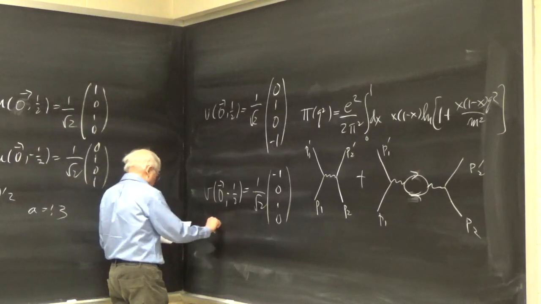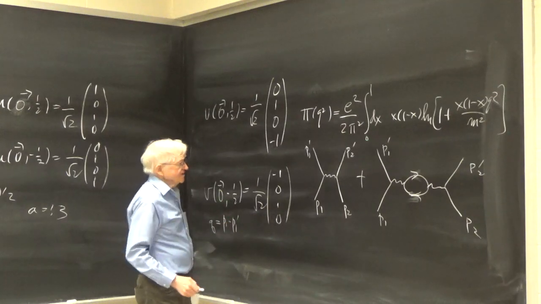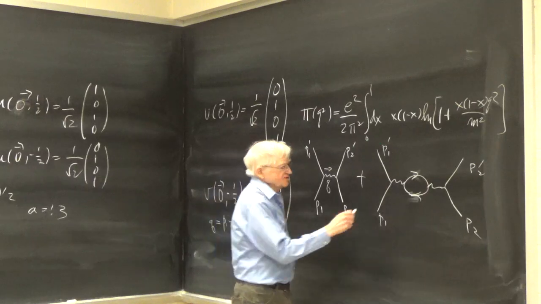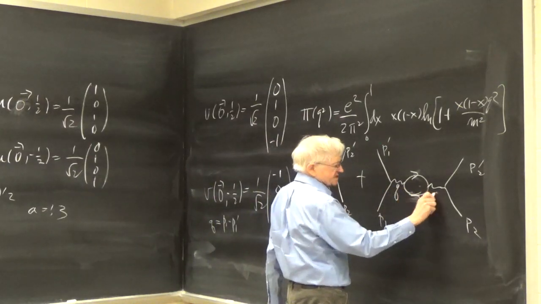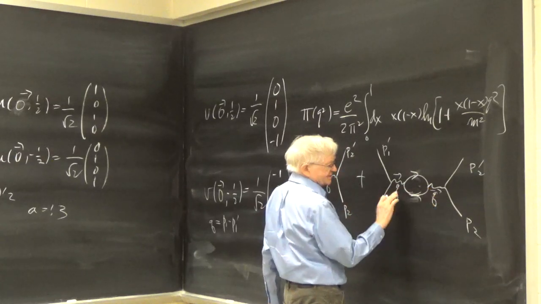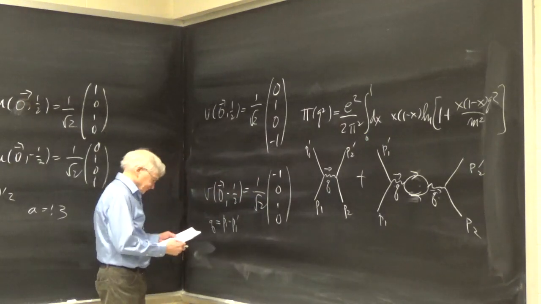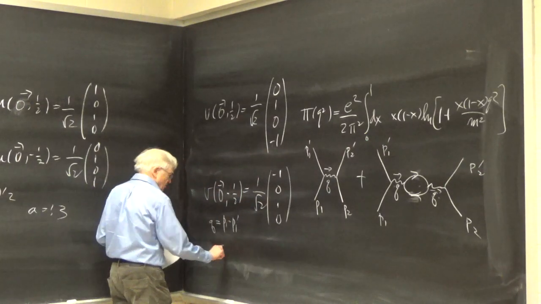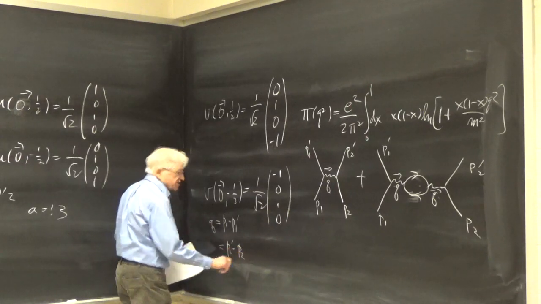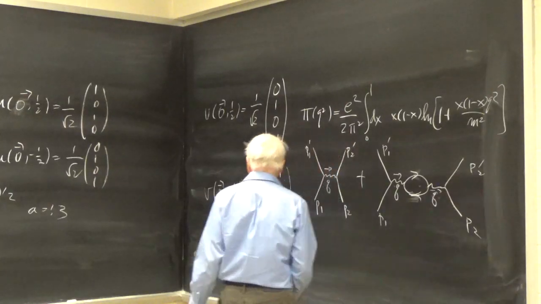Let's call q equal to p1 minus p1 prime. So q is the momentum going across here, which is what we called it when we did this computation. There's a delta function of momentum, so if it's q here, it's q there. So q is equal to p1 minus p1 prime, and it's also p2 prime minus p2. And so the idea is that q plus p2 is p2 prime.